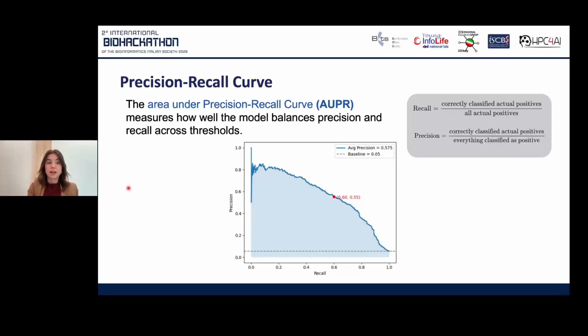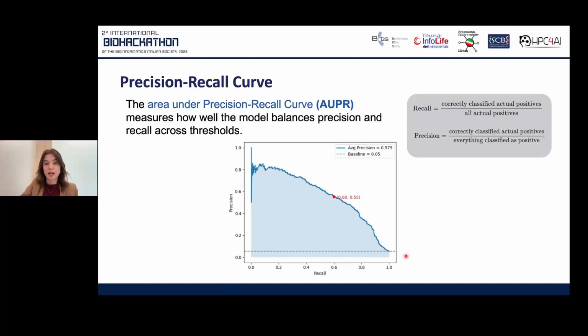The area under the precision-recall curve measures how well the model balances precision and recall across all thresholds. So in other words, in this case, we're measuring how good the model is at catching the true positives without having too many false positives. The x-axis of this plot is recall, while the y-axis is precision.